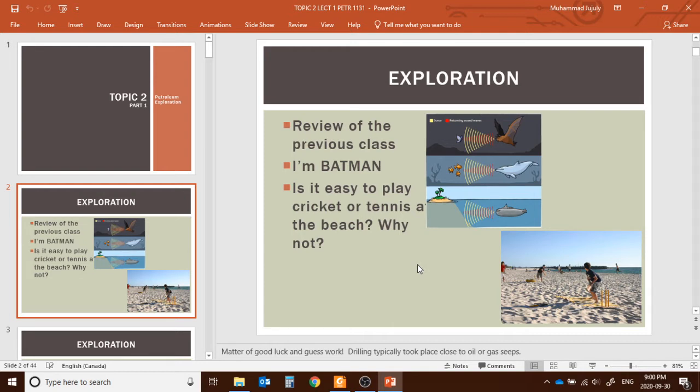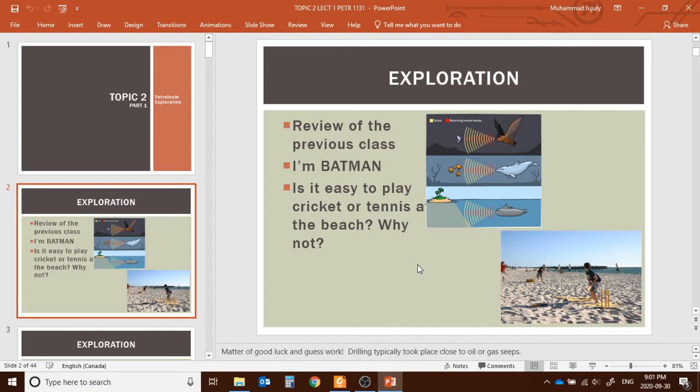And why do we need that? Because we can't just go and drill somewhere, as it would be very expensive. We want to make sure of the exact location where we should drill, and that's exactly why we need to do this exploration, this basic groundwork, before the drilling.